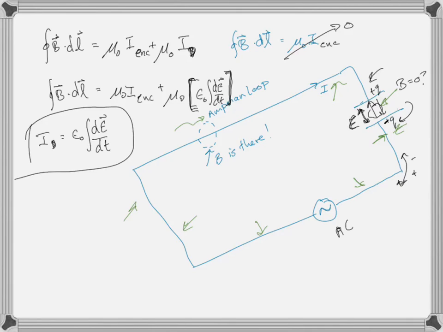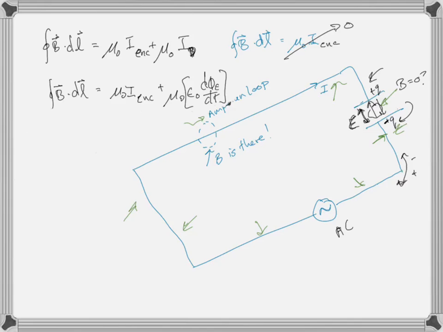I made a small error here when I wrote this. I wrote dE dt. That should be d flux dt, electric flux. Okay, sorry, I wasn't able to fix that adequately.